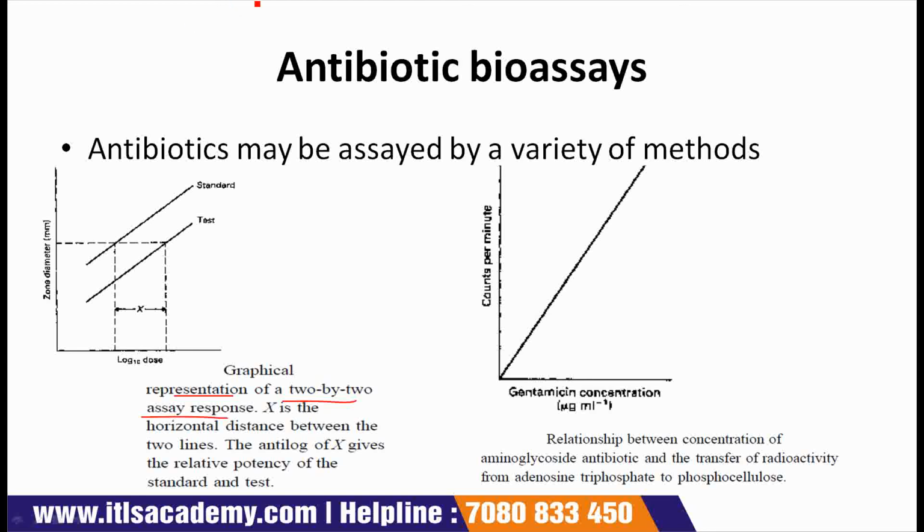Here x is the horizontal distance between two lines. You can say these are horizontal lines, and this x is the distance between these two horizontal lines. The anti-log of x gives the relative potency of the standard and test.